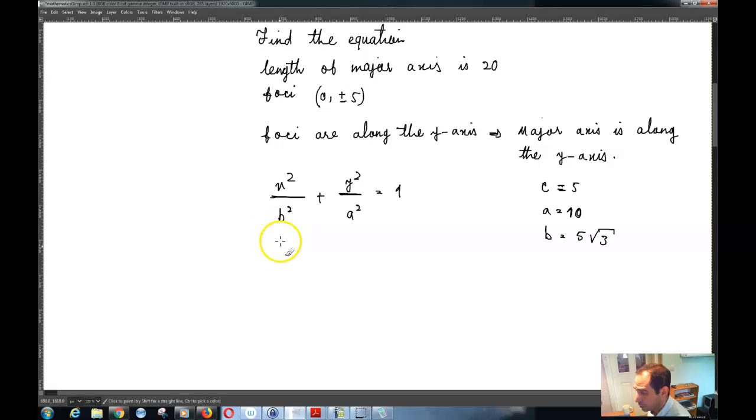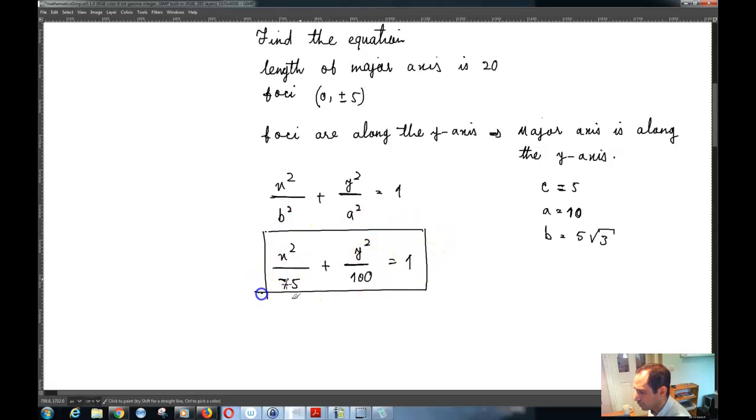So then I can write x squared by b squared, which would be 25 times 3, which is equal to 75, plus y squared by a squared, which is equal to 100, is equal to 1. And that is the equation of your ellipse.